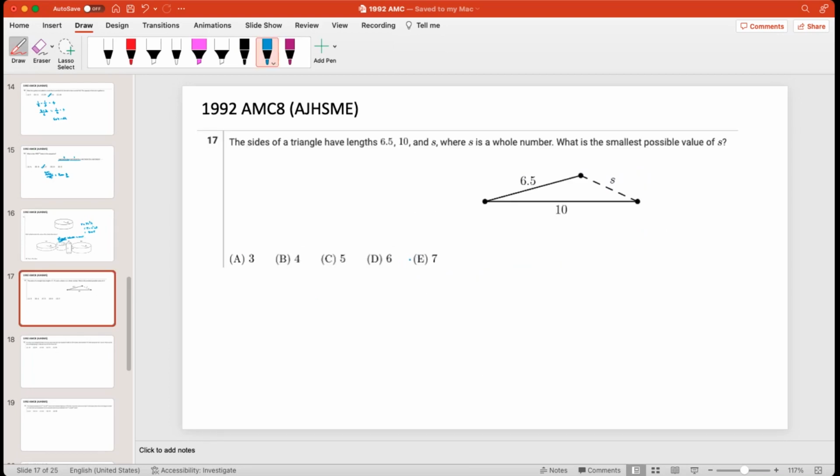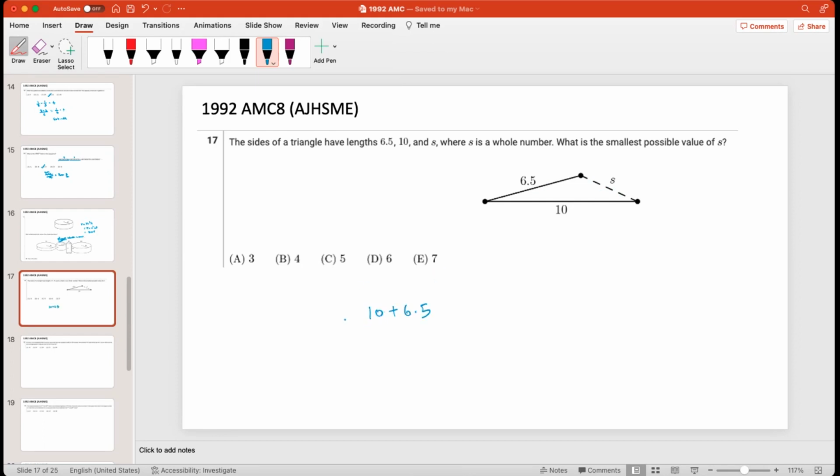The sides of a triangle have length 6.5, 10, and S, where S is a whole number. What is the smallest possible value of S? So as we know, in a triangle, the sum of two sides is greater than the third side, right? So we'll say 10 plus 6.5.